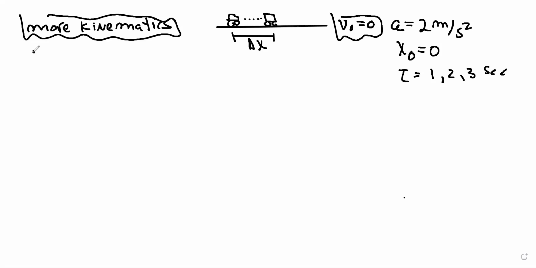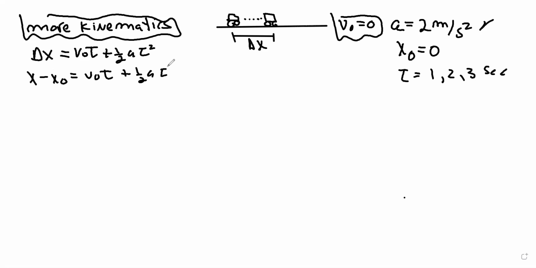We know that delta x is equal to v naught t plus 1/2 a t squared. This is for a particle that moves in one dimension with constant acceleration, which is 2 meters per second squared. So x minus x naught is v naught t plus 1/2 a t squared, where a is the acceleration.